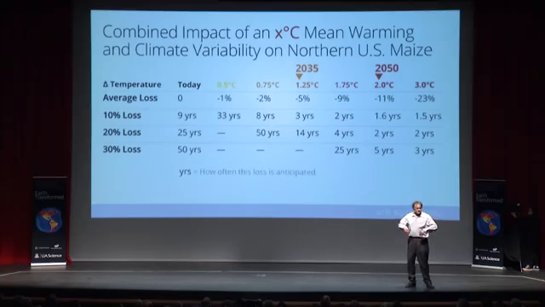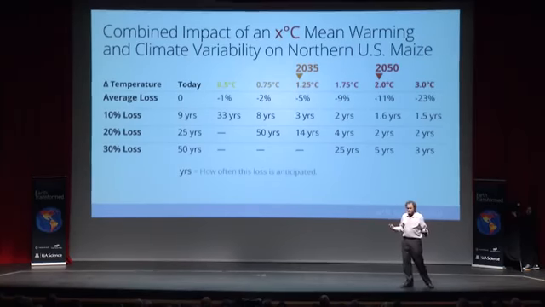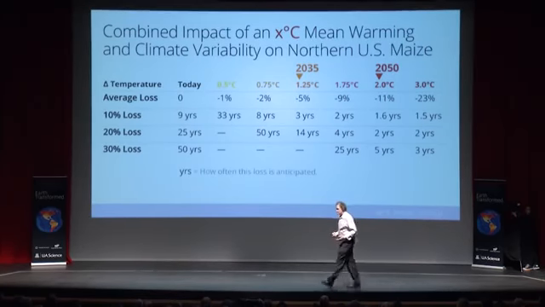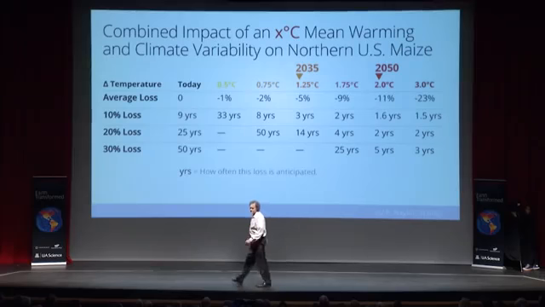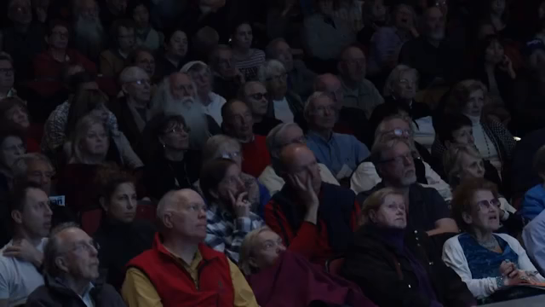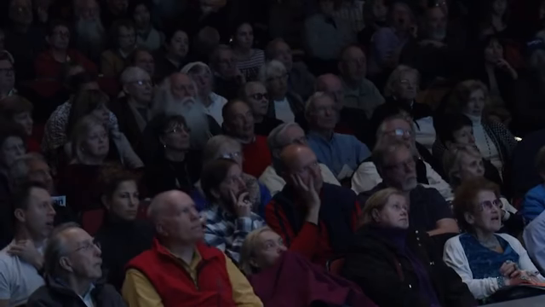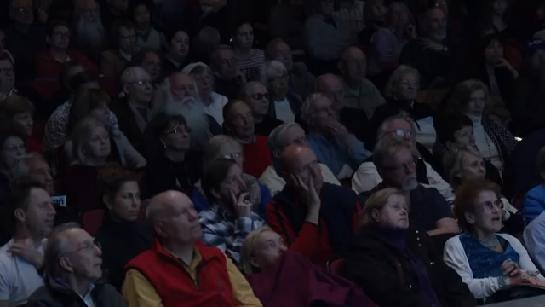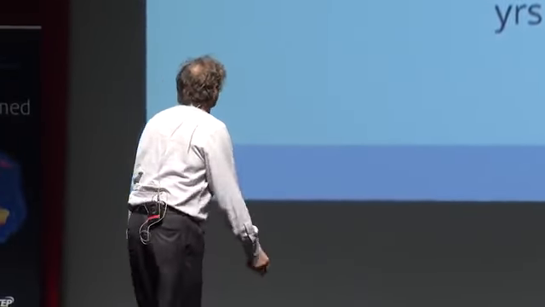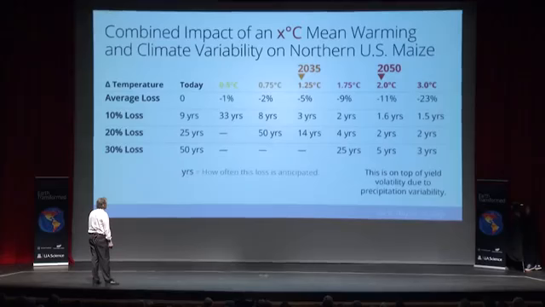And this adds to the precipitation variability, right? This is in addition to what we already have, so you cannot do agriculture in the United States the way we do it today. No farmer could withstand this amount of volatility in year-to-year production and stay in business. Okay? In the United States.